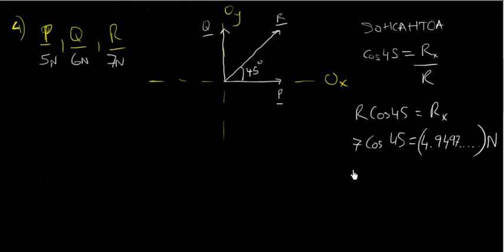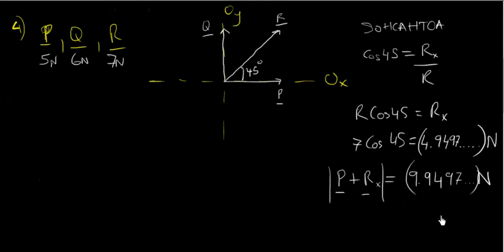So our new P, so our P plus Rx basically is what we've done. P plus Rx as our vectors. The magnitude of P plus Rx is going to be equal to 9.94 is what it came out for me, 9.94, and then 97, etc. So that's the new one, which I'm going to now store.